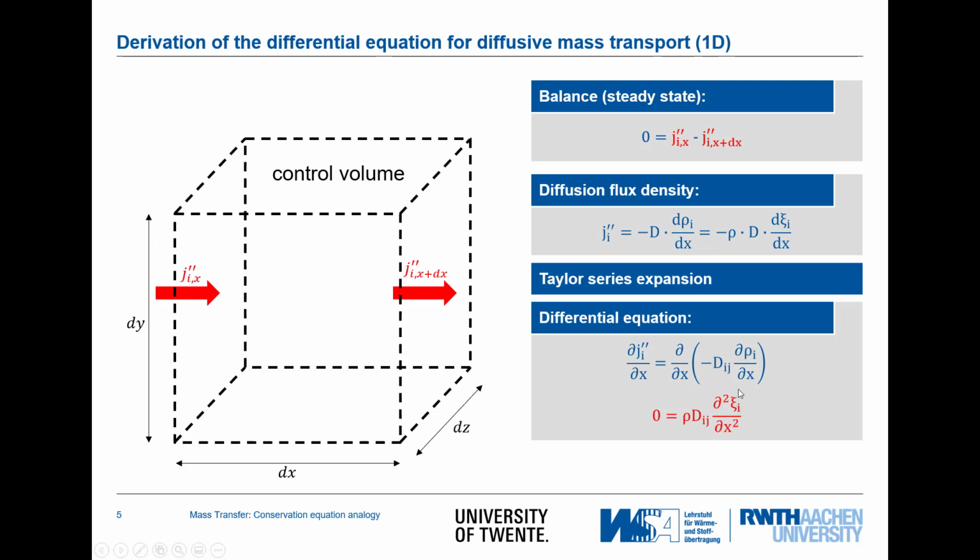So the equation that is finally resulting is that the second gradient of the mass fraction with respect to the spatial coordinate is equal to 0, and then we have the density and the diffusion coefficient that are the scaling parameters, but as you see, they can be dropped if we just have a 0 on the side.